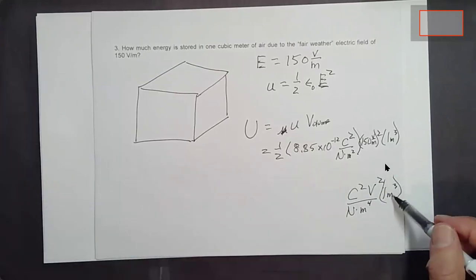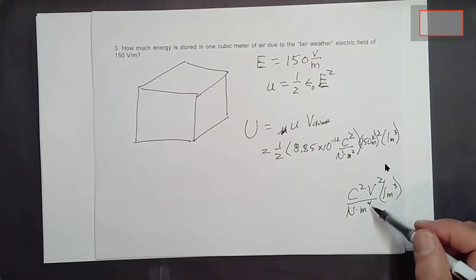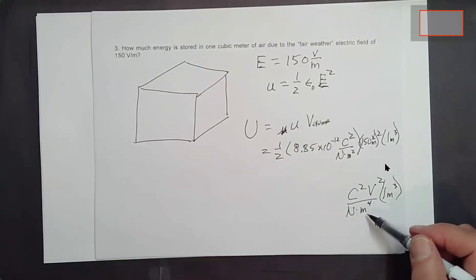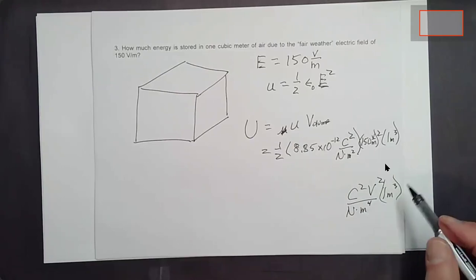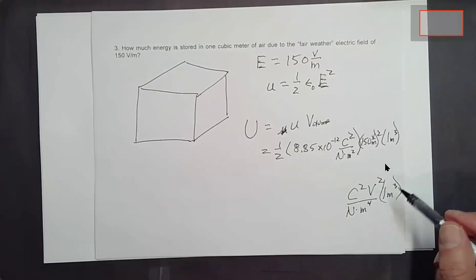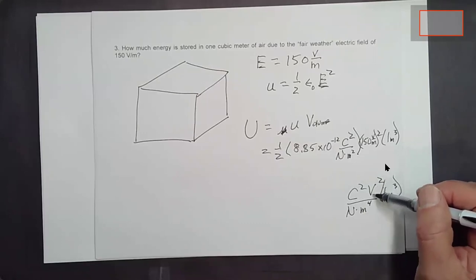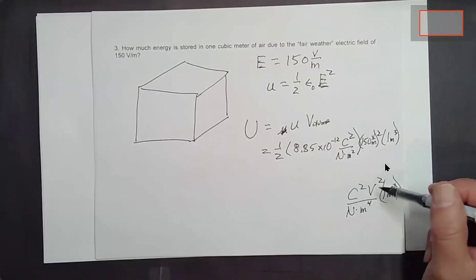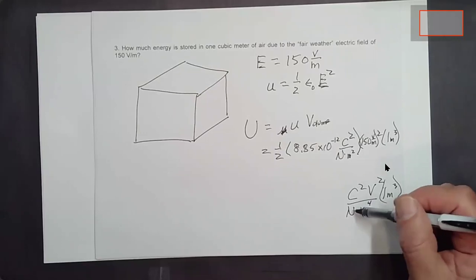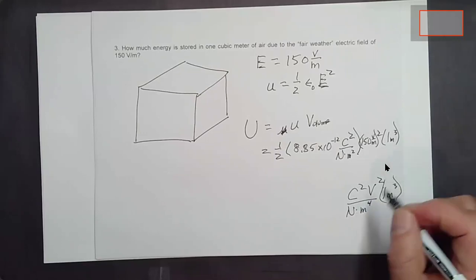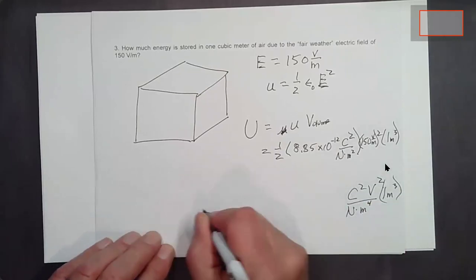This meter cubed will divide with those, and I'll end up with a Newton meter on the bottom, which is a joule. But what about the coulombs and volts? A volt is a joule per coulomb, so this is joules squared per coulomb squared. That divides out. I'll have joules squared on top and a joule on the bottom, which leaves me joules, energy-wise. Okay, that's good.